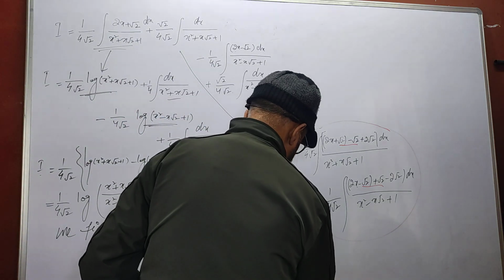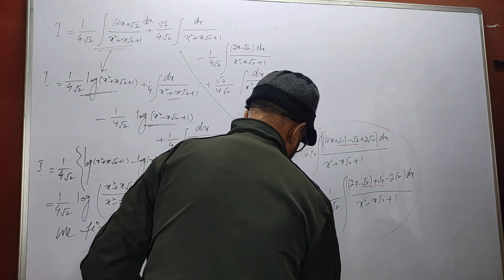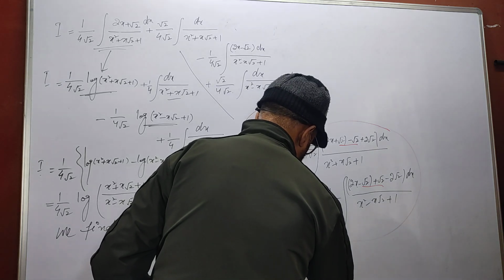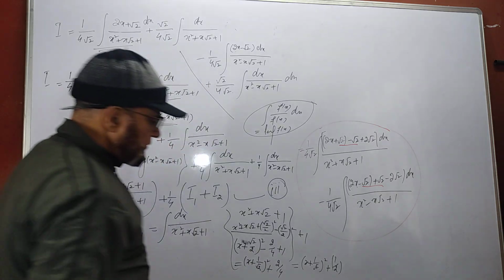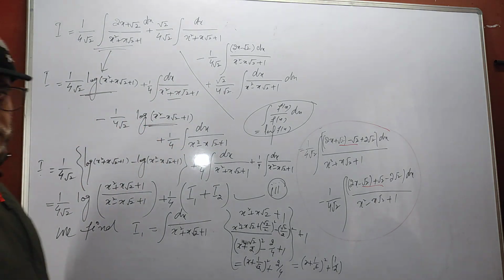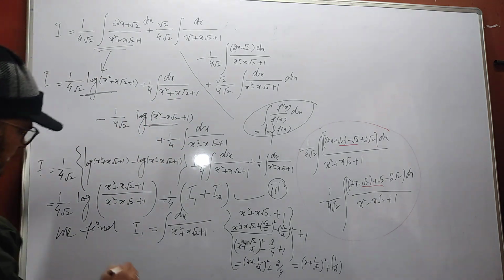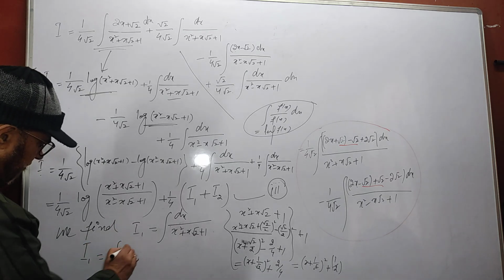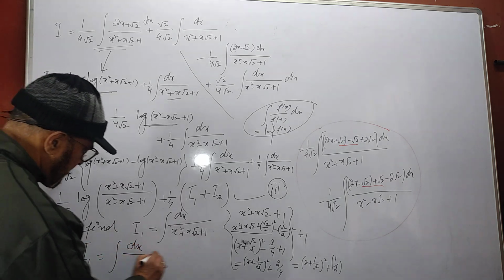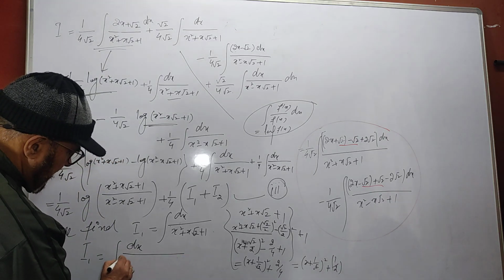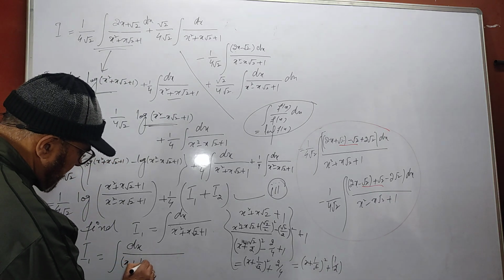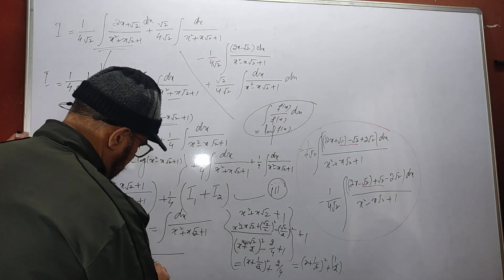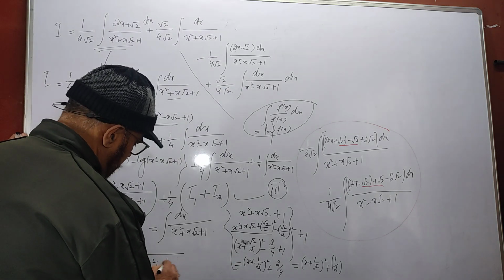This you can write now as x plus 1 by root 2 whole square, plus only 1 by 2. Okay, I hope you are following me. Therefore, I can write this integral I1 now as integral of dx upon x plus 1 by root 2 whole square plus 1 by 2.